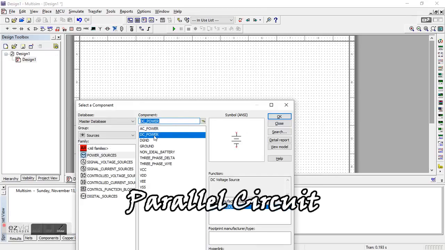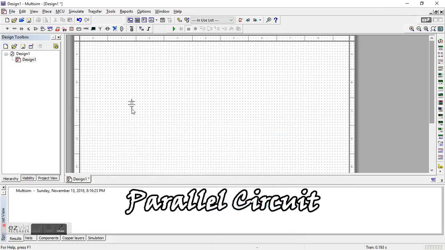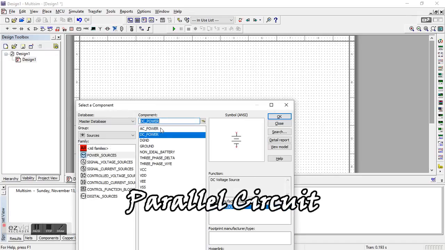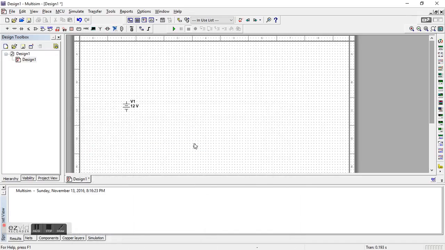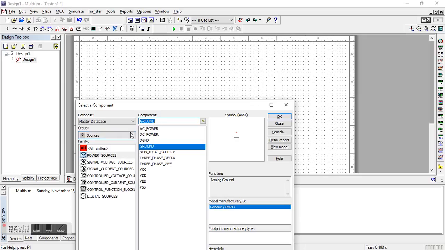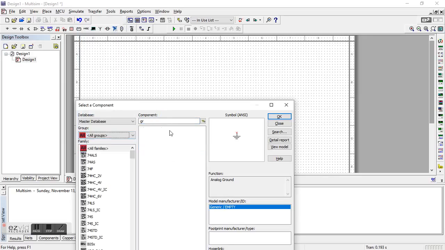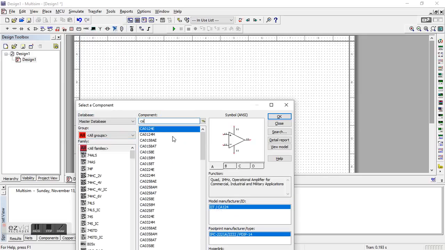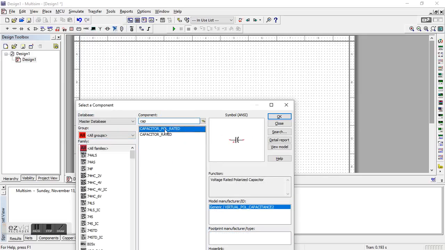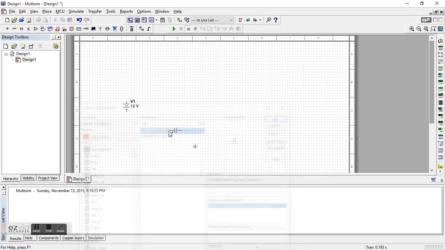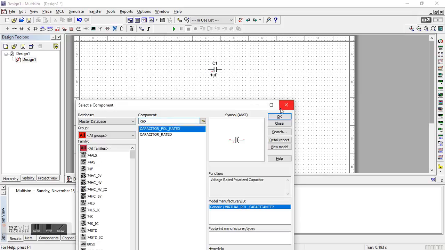So in this circuit, we'll use DC power again. Then we'll put the ground there. Then we'll search for the capacitor, then resistor.